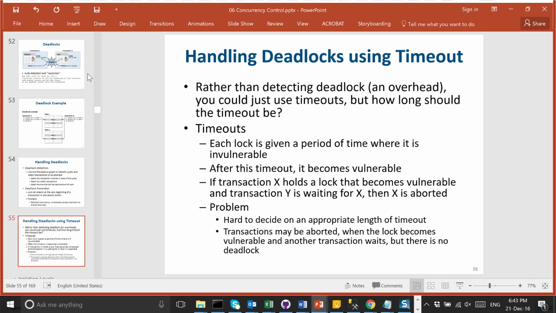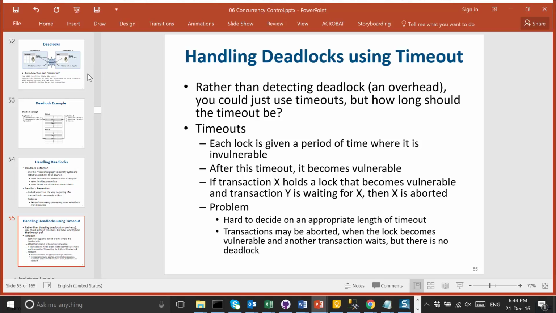Another way to handle deadlocks is by using timeouts. This is an area of research and development. People always come up with new novel ideas to handle deadlocks. Another idea is to have a timeout. When you are holding a lock on a particular item, a timer starts. Let's say you have 20 milliseconds. During that 20 milliseconds, everybody has to wait for you.